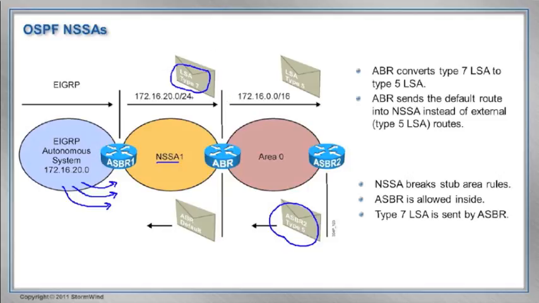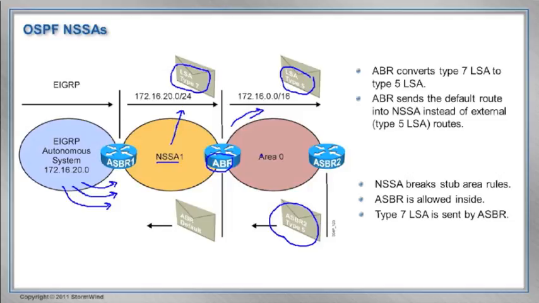We're going to bring these external prefixes through the not-so-stubby area as type 7s, and the area border router will pick them up and convert them to regular old type 5s and send them into the other areas.